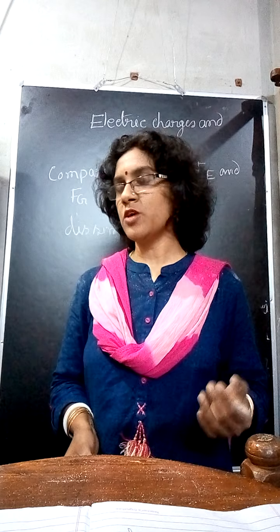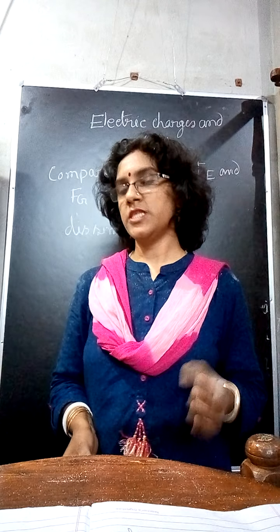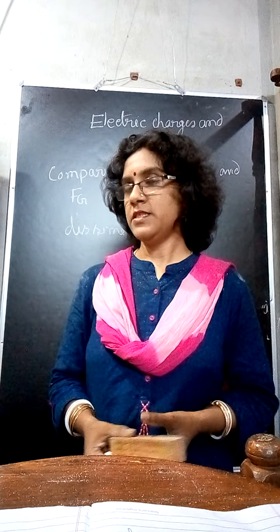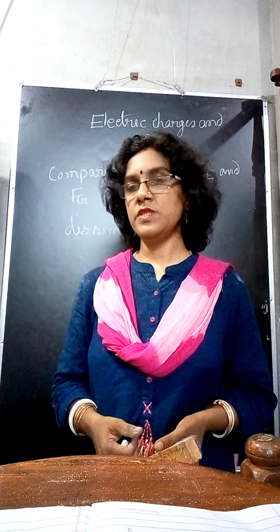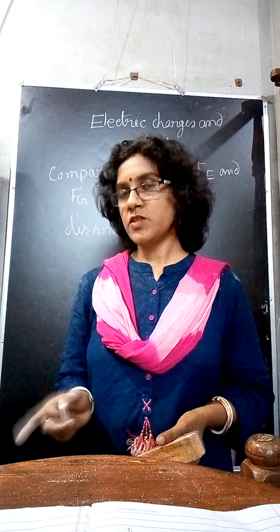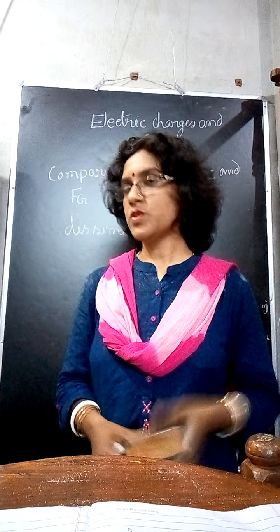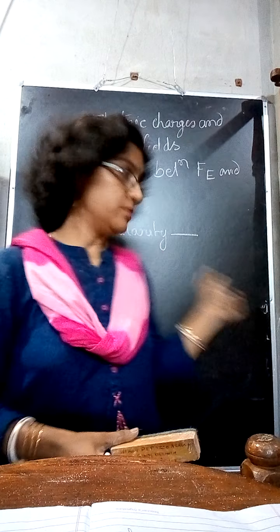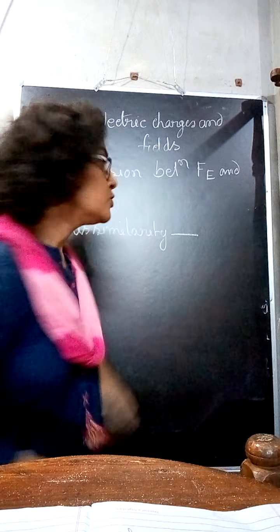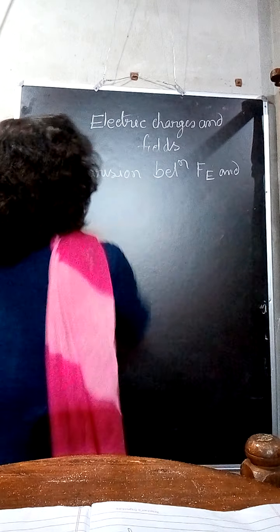With a change of medium, the electrostatic force will change. But gravitational force does not depend on the nature of the medium, so it is the universal one. So these are the dissimilarities between the two forces.